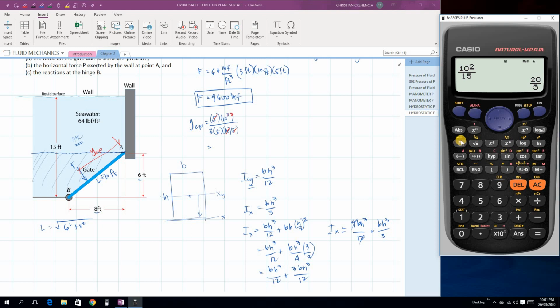So we have 20 over 3 or so this is feet. Okay, so ano nga bang units natin para lang di tayo malito? So meron tayong feet yung 5, then this is feet. So squared na lang or feet cube yung una over yung 3 natin is wala siyang unit.